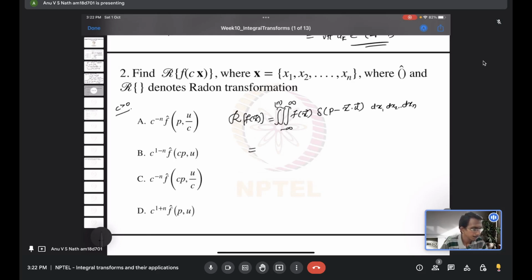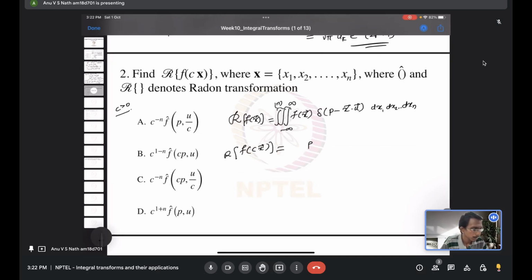So now here we are asked for f of cx, a scaled function, and asking for its Radon transform. So in the definition, the change which is going to come is here only, f of cx times delta of p minus x dot u, and then again dx1, dx2, etc., dxn integrals.